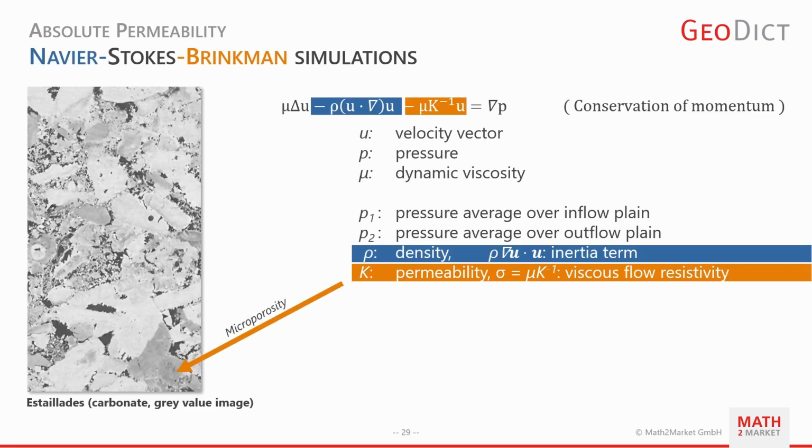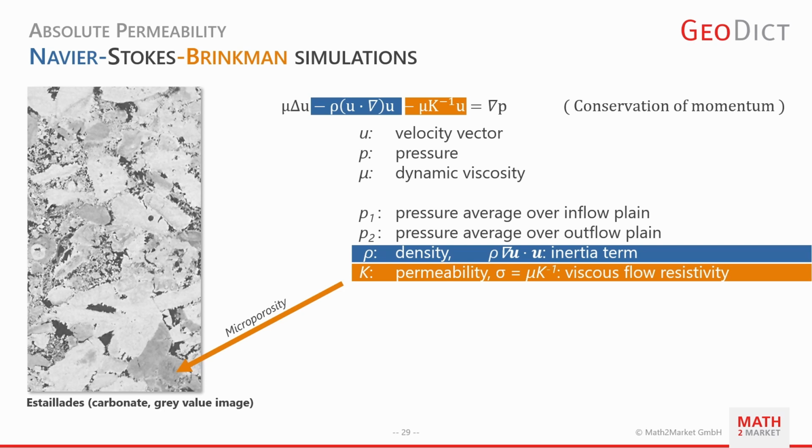But to provide you with a real-life example, I have prepared an outcrop of a Stellaris carbonate rock. The microporosity is expressed by the Brinkman term, together with the Stokes or Navier-Stokes equations.